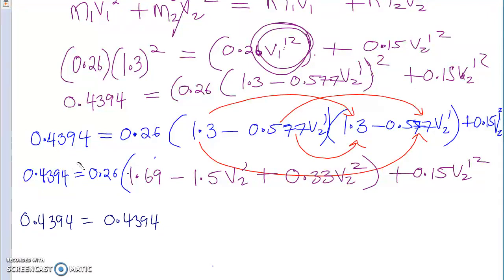This is an example where one object is stationary and the other object is moving. All right, 0.26 times 1.5. 0.39 V2 prime plus 0.33 times 0.26, 0.086 V2 prime squared.